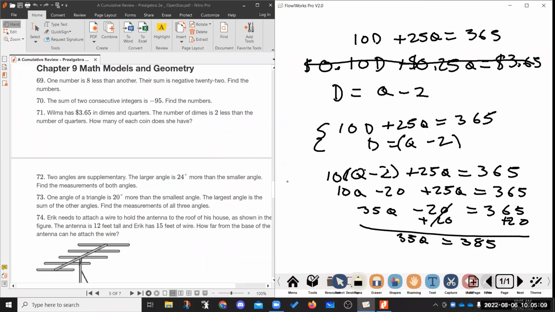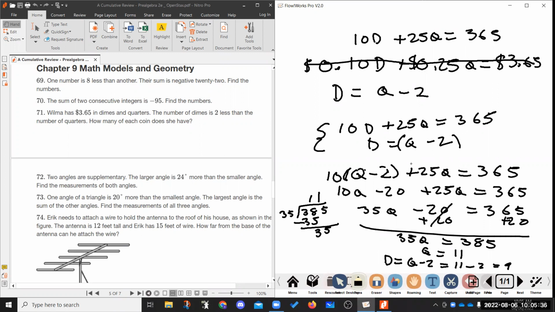Okay, so 35 into 385, I'm going to go 11 times. Now remember that d is equal to q minus 2, which is 11 minus 2, which is 9.